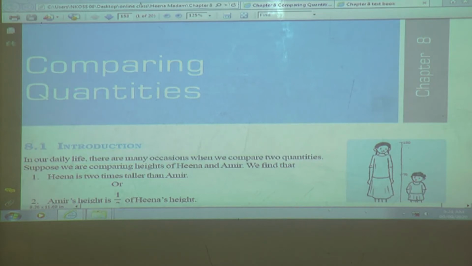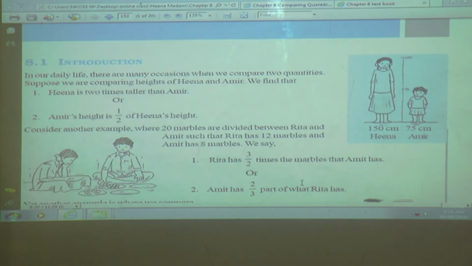We find that Hina is 2 times taller than Amir. You can see the picture, so you can find out this is Hina and this is Amir. Here some scale is given, so you can see that she is 2 times taller than Amir.